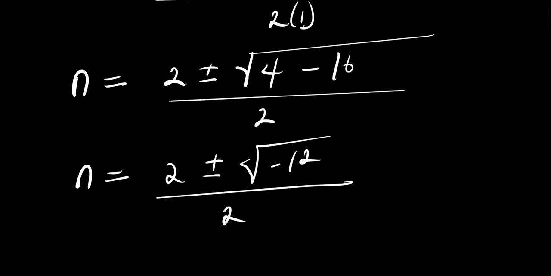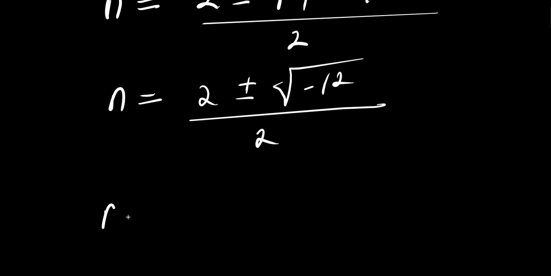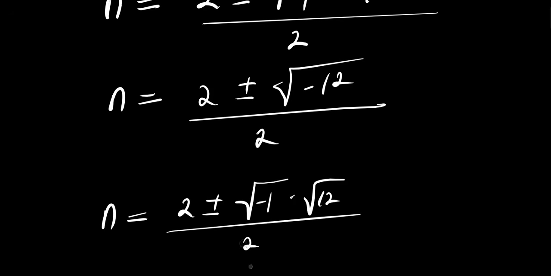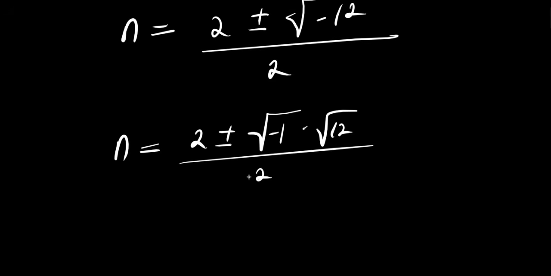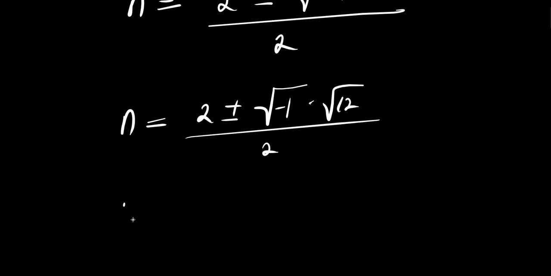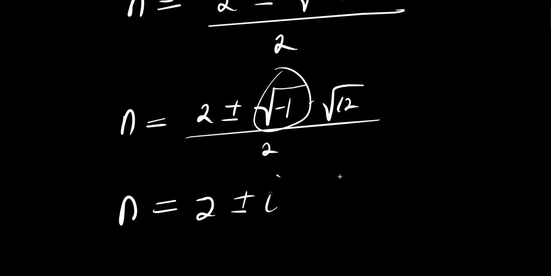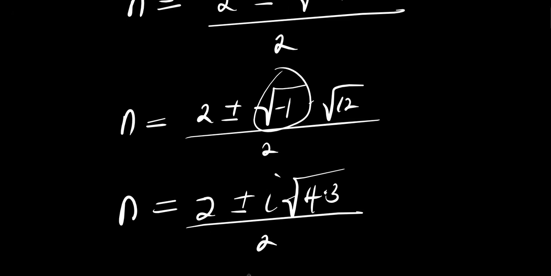So now we have n equals 2 plus or minus square root of -1 times square root of 12, divided by 2. So from here, n equals 2 plus or minus square root of -1, which is i, times square root of 12, that is 4 times 3. We have this divided by 2.